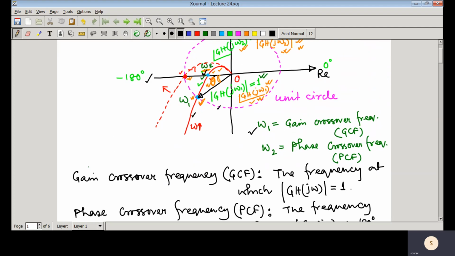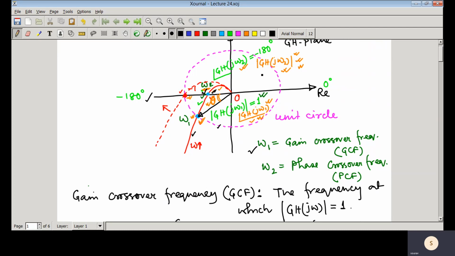Now we have seen that at phase crossover frequency at W equal to W2, if we find that gain, and if we multiply that gain with the reciprocal of that, that means 1 by GH(jω2), if we multiply that loop transfer function with the reciprocal of the gain obtained at phase crossover frequency, then what happens?